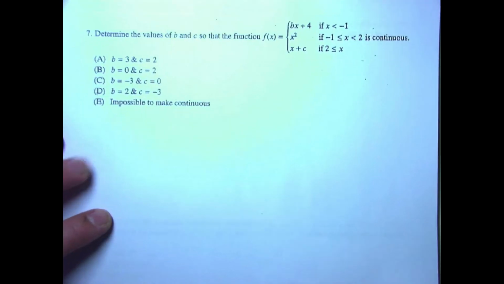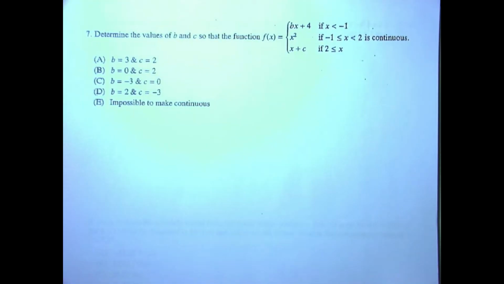Number 7 says determine the values of b and c so that the function f of x equals bx plus 4 on the interval x less than negative 1, x squared on the interval negative 1 to 2, and x plus c on the interval x greater than 2 will be continuous. All right, so for continuity, we know that all of these guys have to be equal to each other, right?